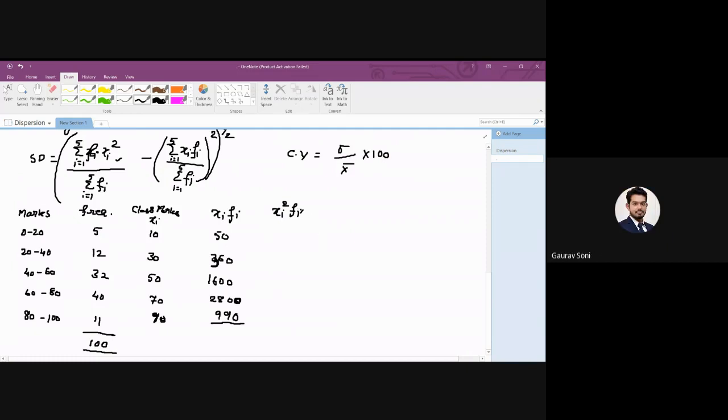Next, you enter the function xi square fi. Look, your column is also reduced now because of your calculator. Things are becoming easier. So try to use it more efficiently as you can.